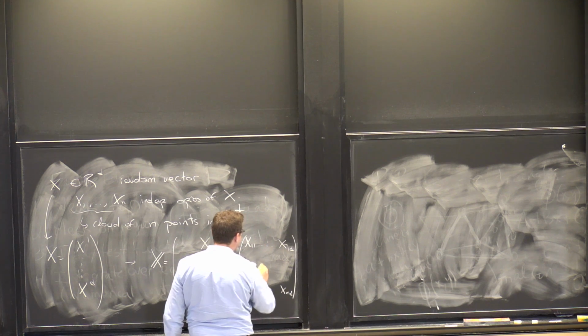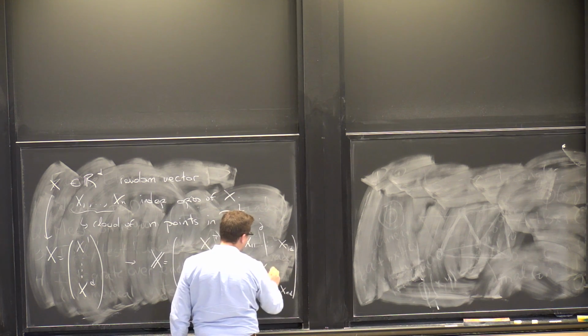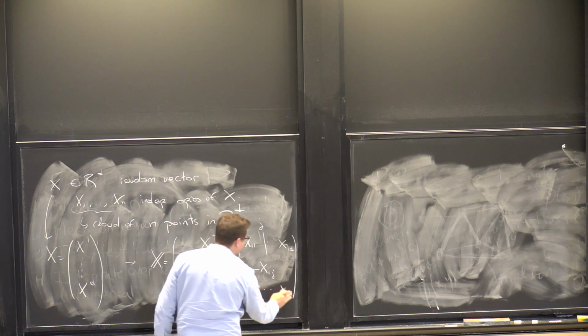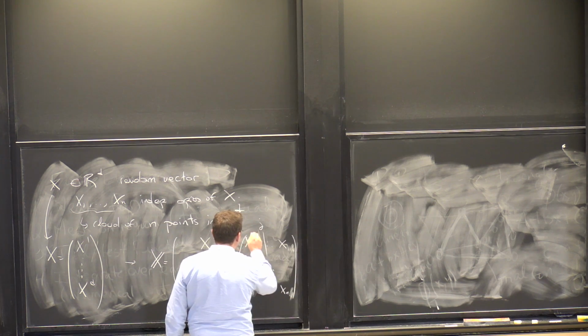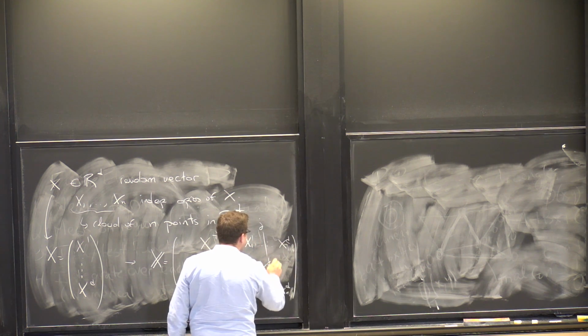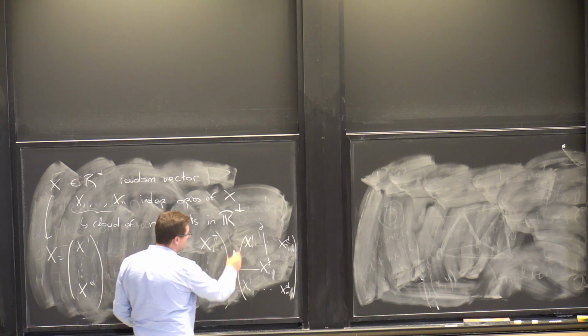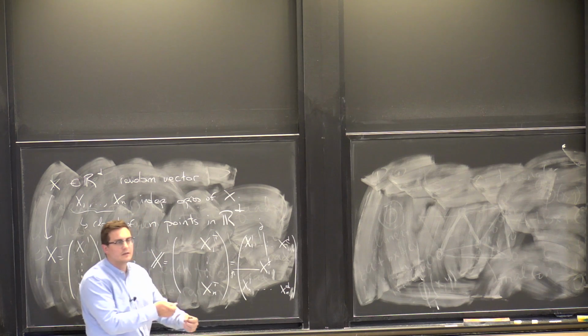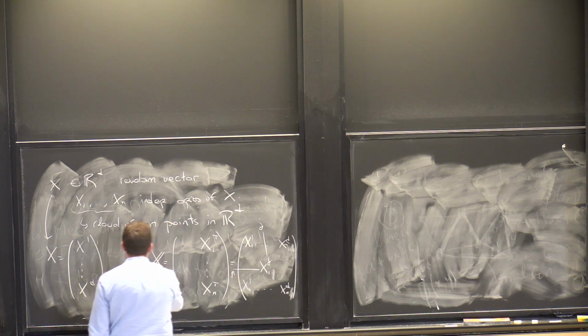And so the i-th row and j-th column is the entry X_i^j. OK? So the rows here are the observations, and the columns are the covariates or attributes. So this is an n by d matrix.